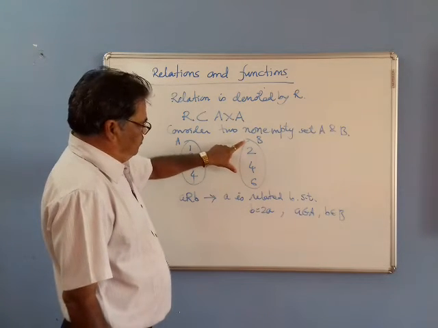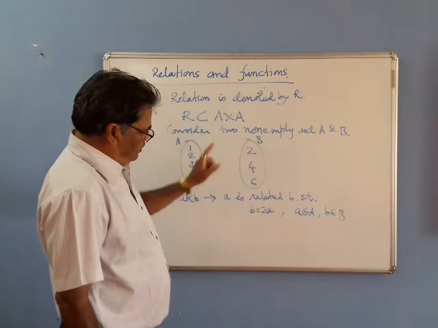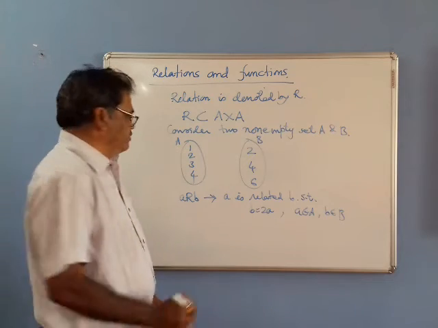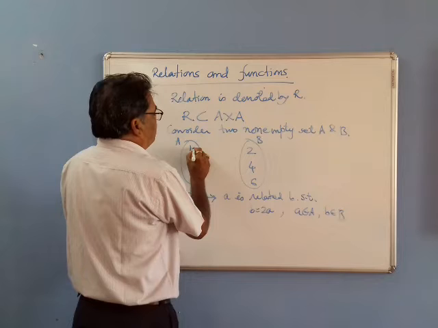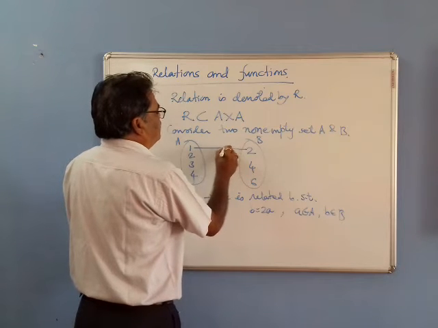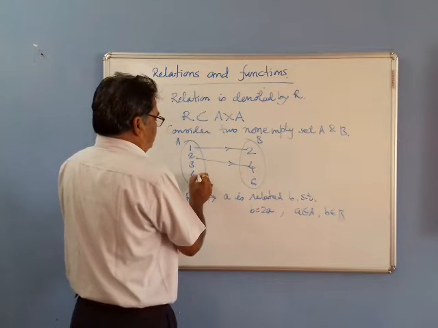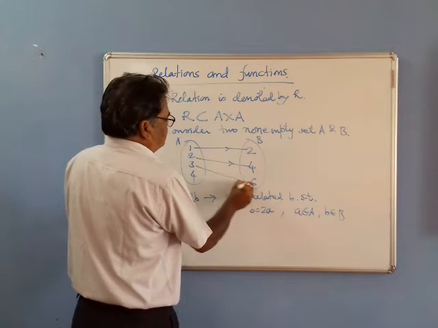What is the meaning of that? Elements of capital B are 2 times elements of capital A. Now b is equal to 2a, so what is our relation? 1 is related to 2, 2 is related to 4, and 3 is related to 6.